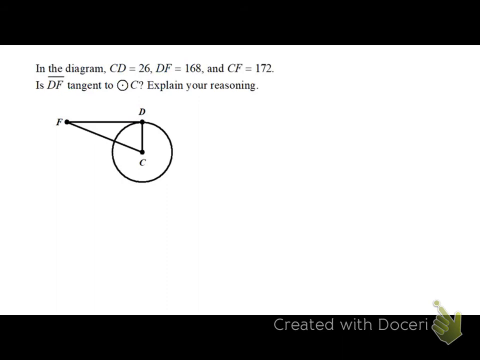All right, in the diagram, CD is 26. DF is 168. CF is 172. Is DF tangent to circle C? And explain your reasoning. We did one like this on our review today.